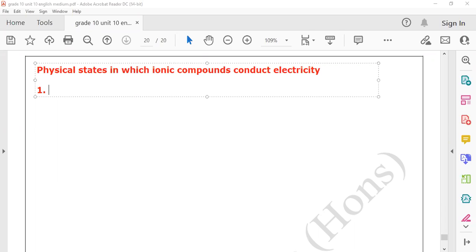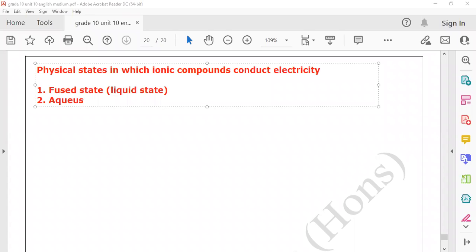Will they conduct in solid state? No. In the fused state and the aqueous state. Fused state means what form? Liquid state. The second one is the aqueous state.